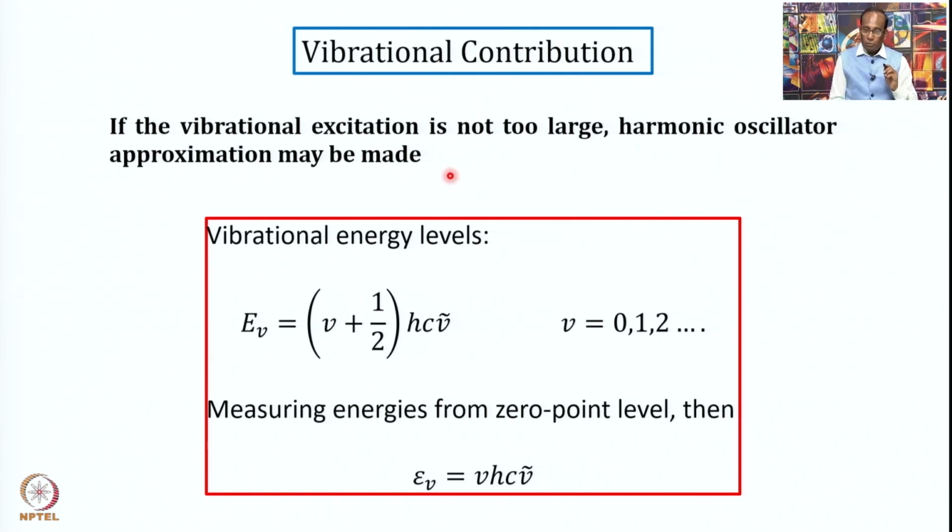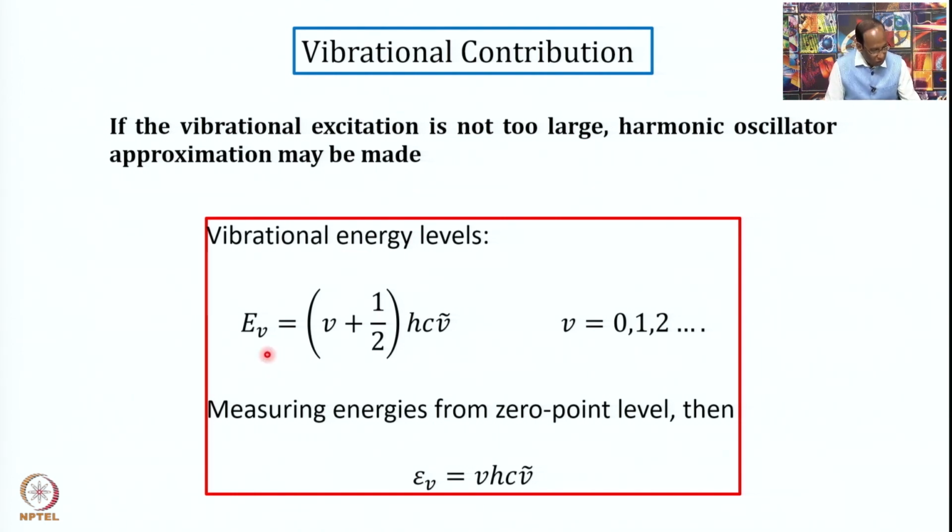I request you to go through what a harmonic oscillator is, what an anharmonic oscillator is, and what leads to anharmonicity. But remember this approximation: if the vibrational excitation is not too large, you are not making the molecule dissociate, then the harmonic oscillator approximation may be used. That means the result we are going to get is only approximate.